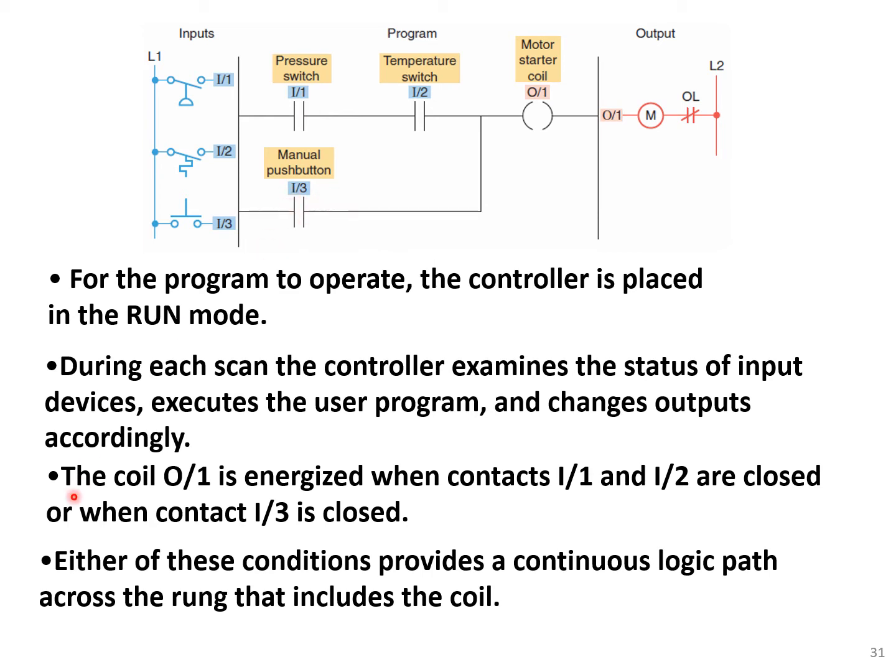Either of these conditions provides a continuous logic path across the rung. So either this one, a continuous logic path, or this one. This is the path across the rung that includes the coil. So if we press the push button, we will have a continuous logic path across the rung.